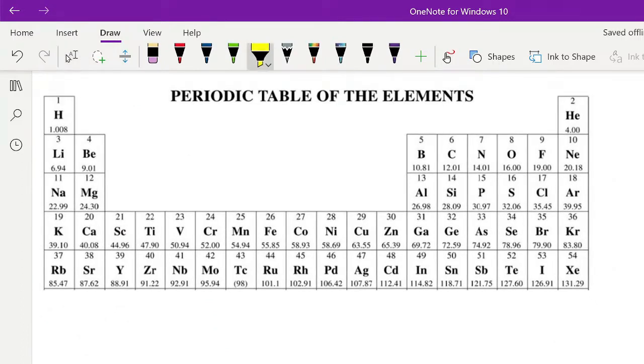Right, so the 7 diatomic molecules are hydrogen, nitrogen, oxygen, fluorine, chlorine, bromine, iodine. All these 7 elements are always diatomic. You write them down as H2, O2, N2, and so on.